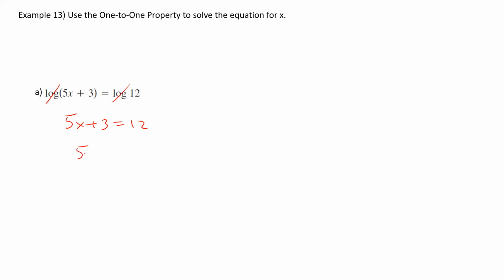Subtract 3 from both sides, gets you a 9, divide by 5, gets you 9/5. And we solve for x.